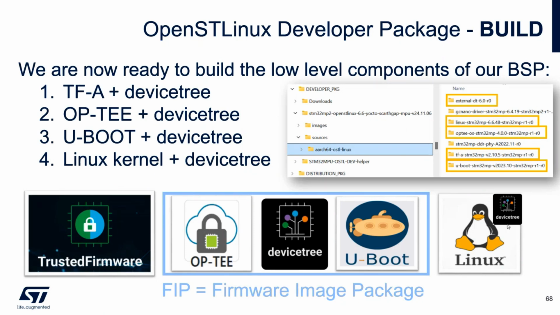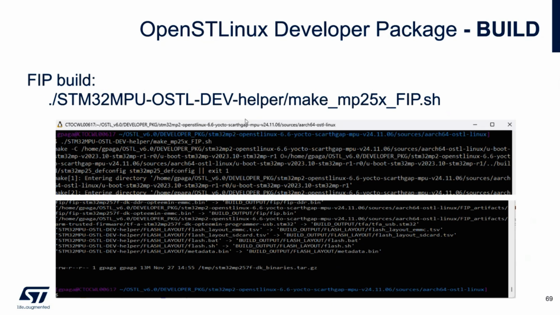The Linux kernel and the associated device tree will be built in a different image. So at the end of the build, we'll find the trusted firmware for the defined storage device, the FIP for the defined storage, and the Linux kernel. How to obtain this? I suggest using another script, make FIP.